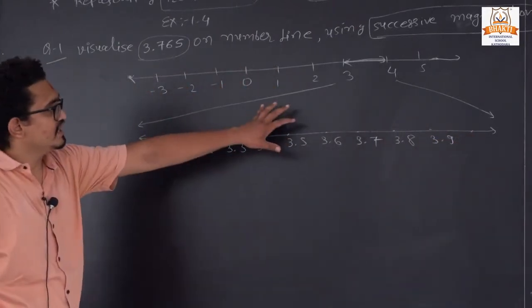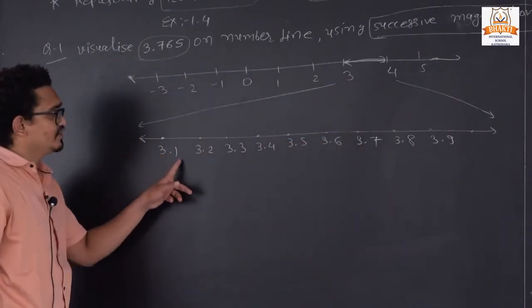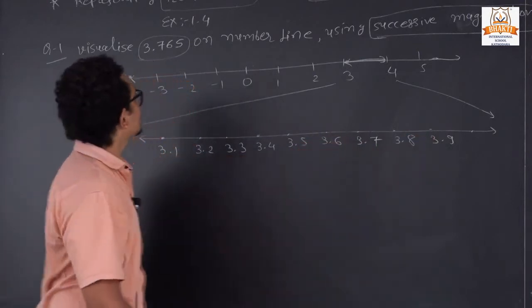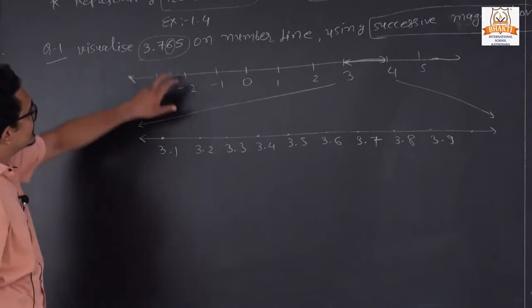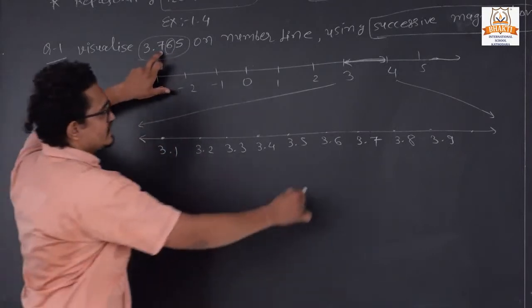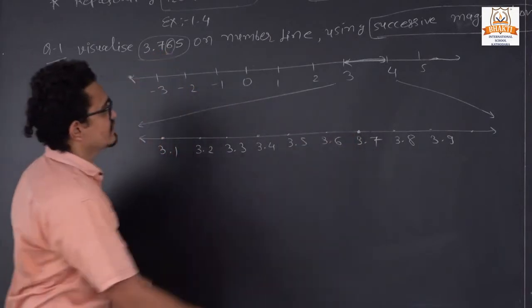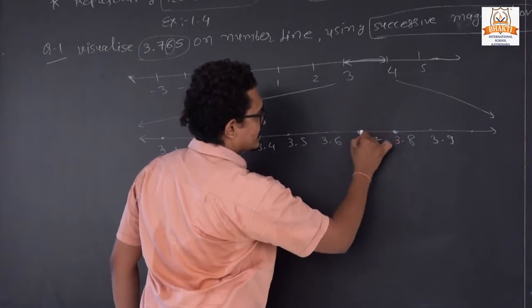So we can say that between 3 and 4 we have 3.1, 2, 3, 4, 5 up to 3.9. Once again see its second digit. First digit it is 3.7. So it is here 3.7. Now 76. So 76 is between which two numbers? 3.7 and 3.8.